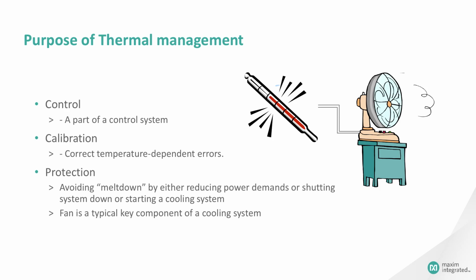Again, these solutions can be as simple as an over-under temperature detector to protect circuit board components from damage, or as complex as a cooling system that uses temperature data from multiple locations to ensure proper operating temperature under a variety of external conditions.